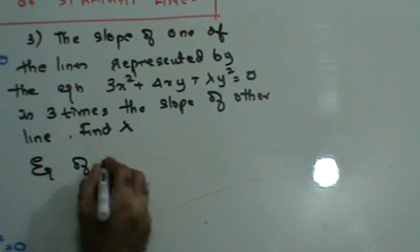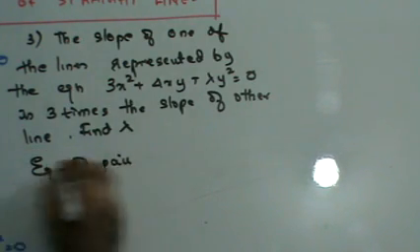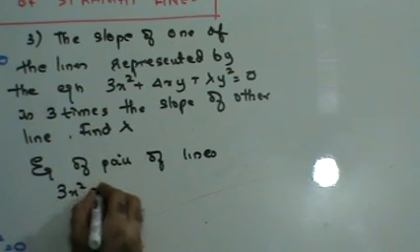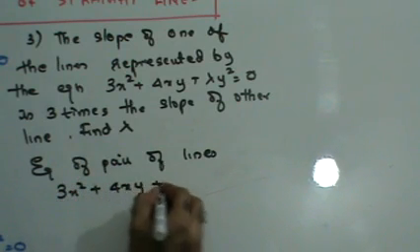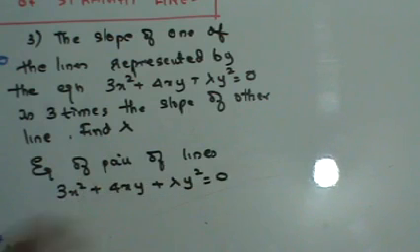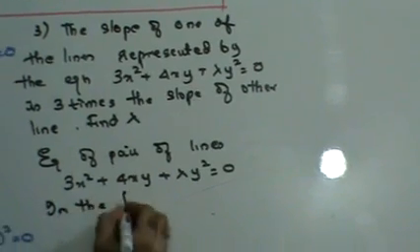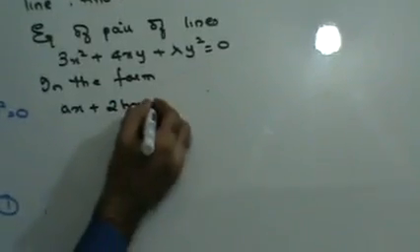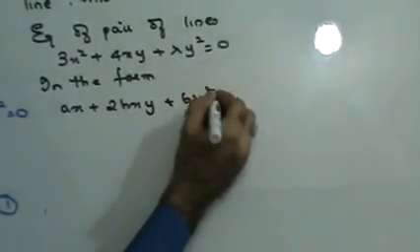The equation of the pair of lines is given to you as 3x square plus 4xy plus lambda y square is 0. This equation is in the form ax square plus 2hxy plus by square is 0.